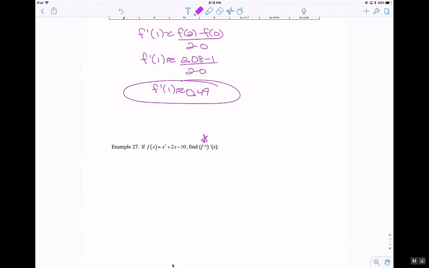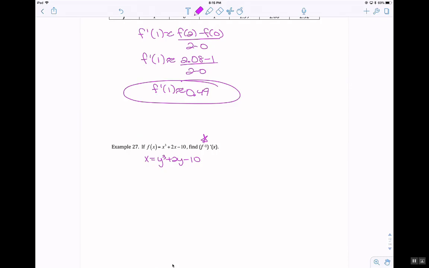Okay, and now this notation here means I'm taking the derivative of the inverse function. Inverse function, back from a previous class: to find an inverse function, you take x and y and you flip them, and then you solve your equation back for y. So in this case, I would have had x is equal to y cubed plus 2y minus 10.